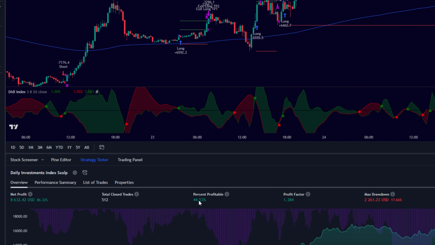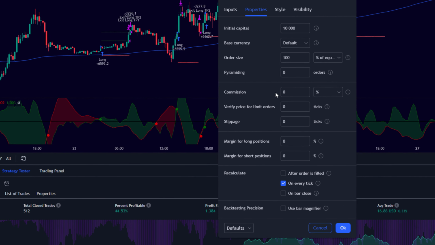As you can see, the percentage profitable is underneath the 50. But that's fine, as long as your target points are most of the time higher than your stop loss. That's not always the case with this indicator, but as you can see on 512 trades, we had a really nice net profit. I can hear you thinking, but did you even include the commissions?